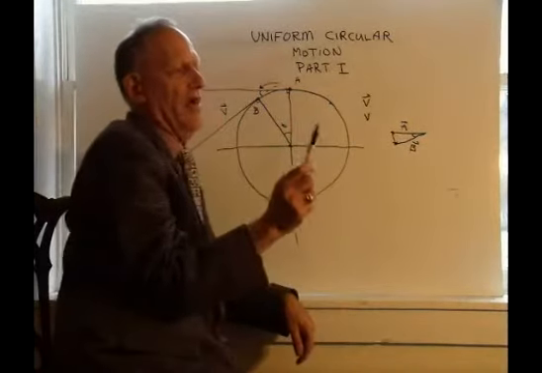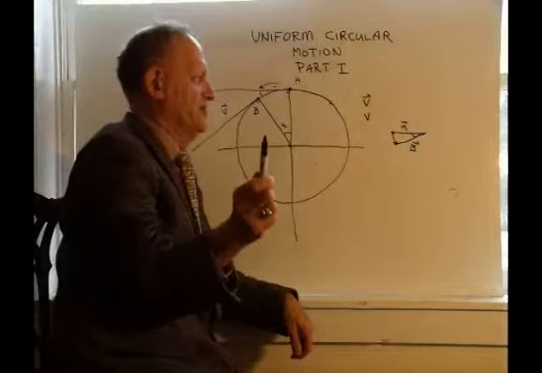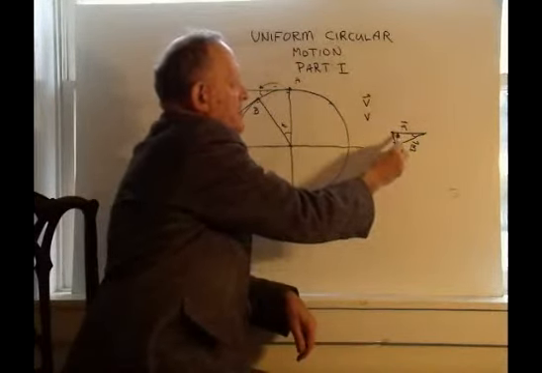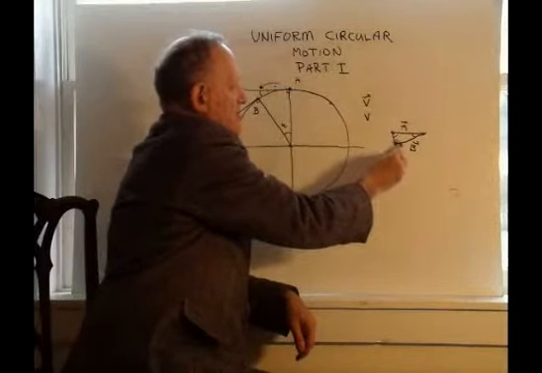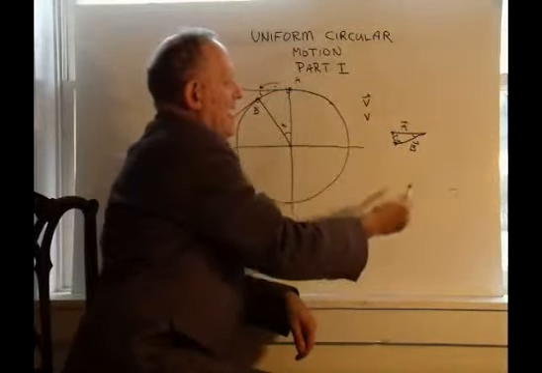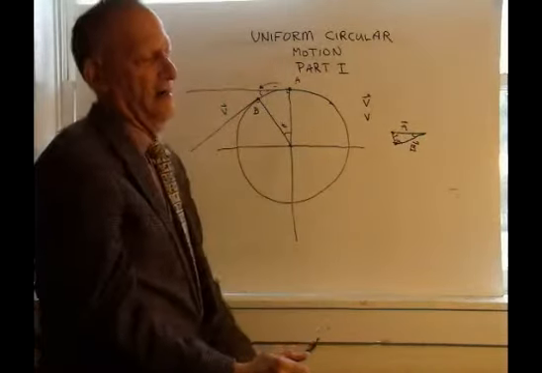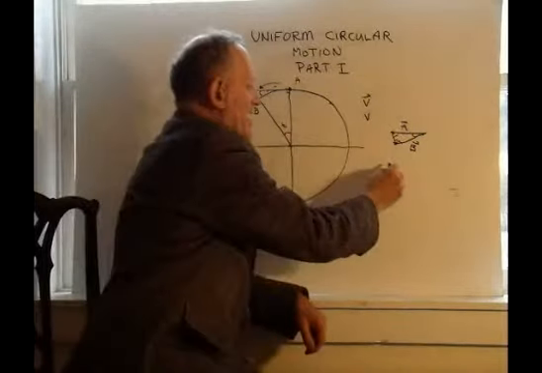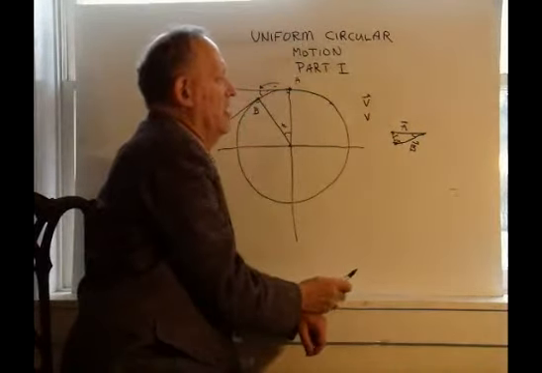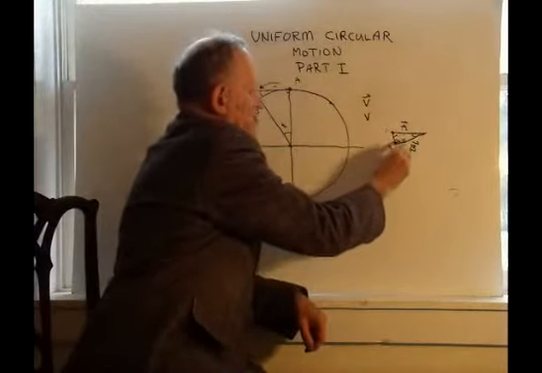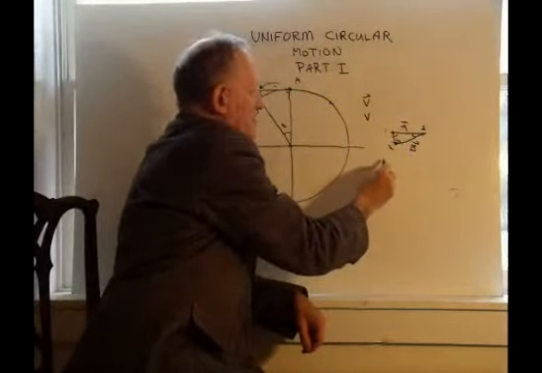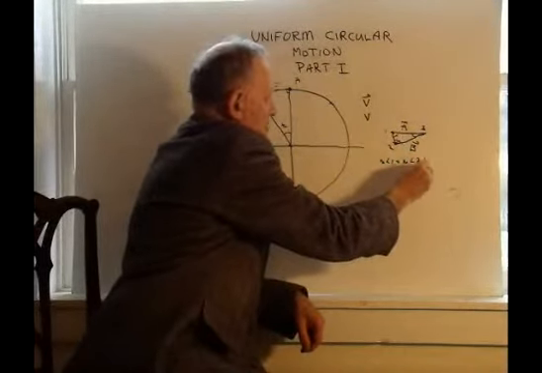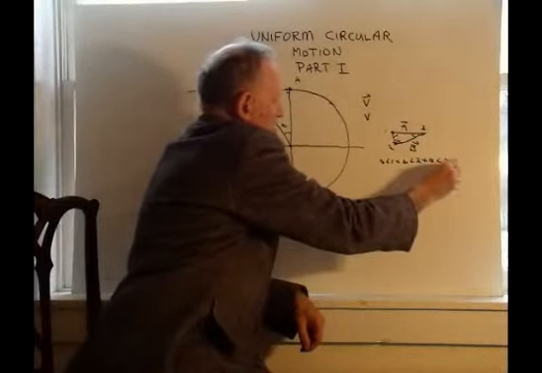But we're not so interested in the magnitude of that velocity. What we're really interested in is the direction. This is an isosceles triangle, meaning these two angles are equal. And we know that the sum of the angles of a triangle is 180 degrees. So let me call these angle 1, angle 2, and angle 3. The measure of angle 1 plus the measure of angle 2 plus the measure of angle 3 is 180 degrees.